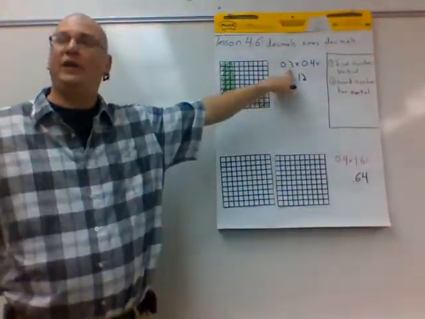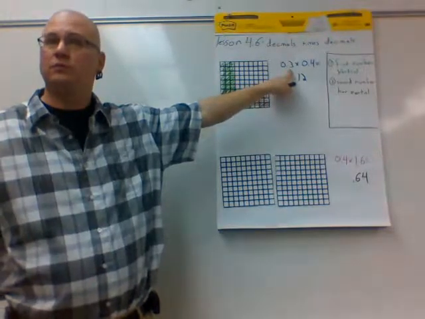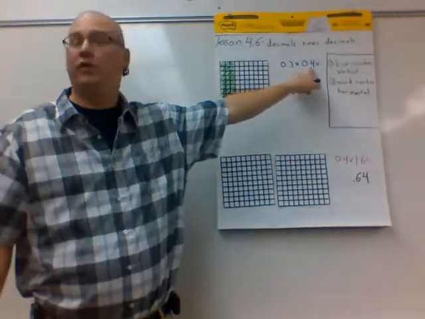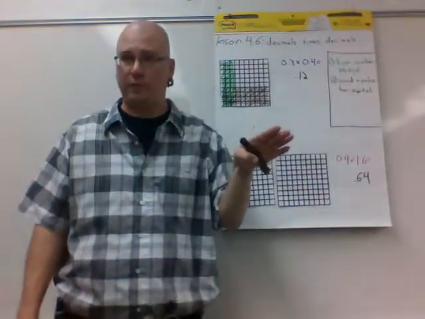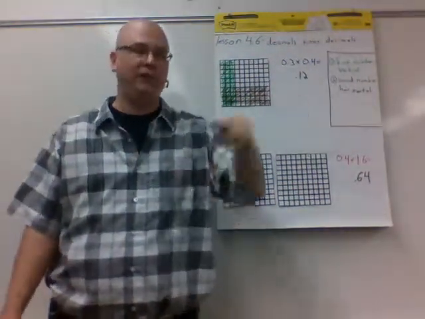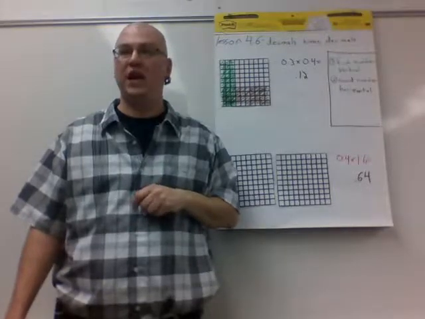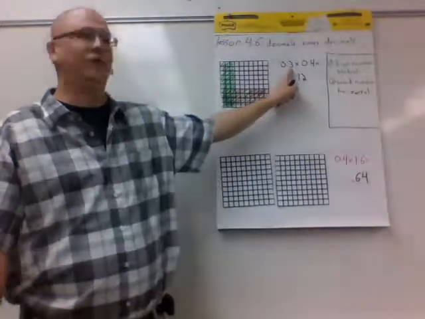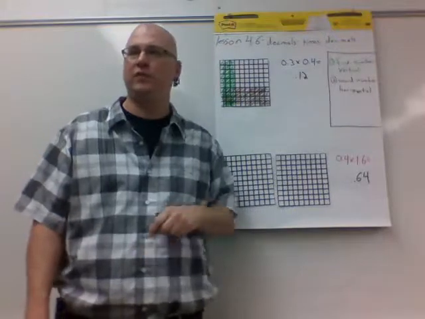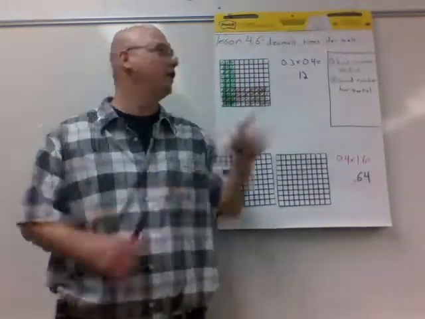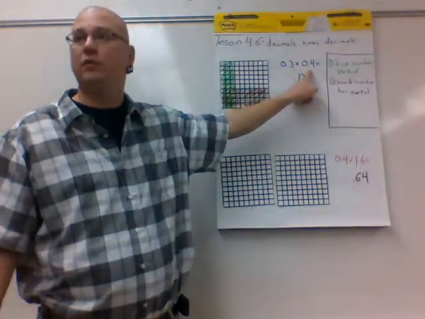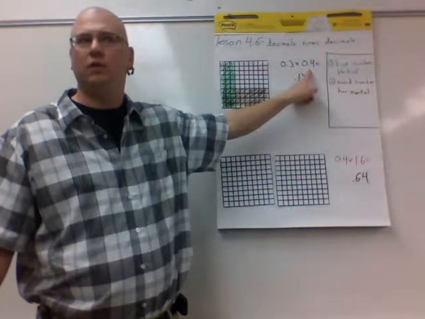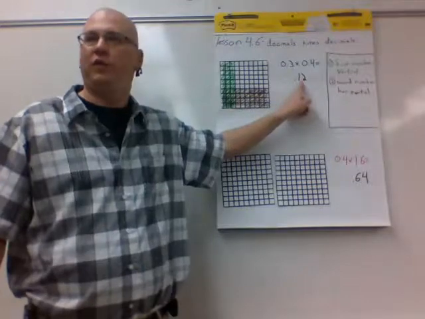Is this 1 or is this a piece of 1? Piece of 1. Is this 1 or is this a piece of 1? Piece of 1. So get ready, here it comes. If I offer you a piece of pizza, you're going to be like, I'll take a third of a pizza or a fourth of a pizza. It sounds delicious. What if I offer you a piece of a piece? Not even worth it.